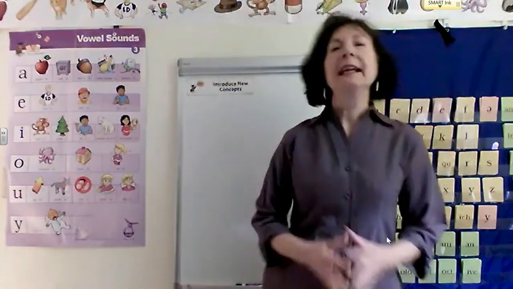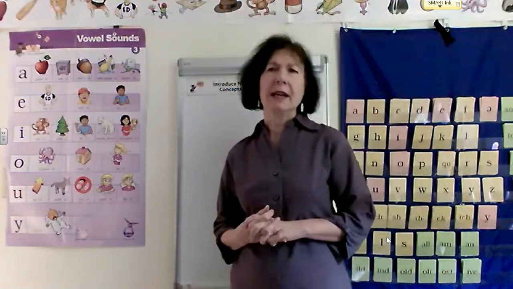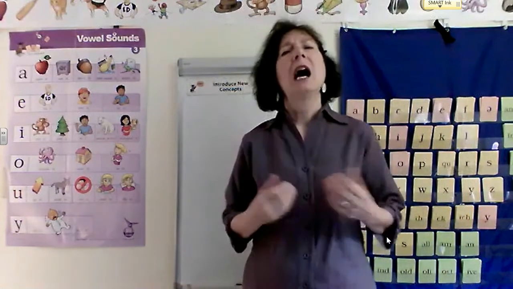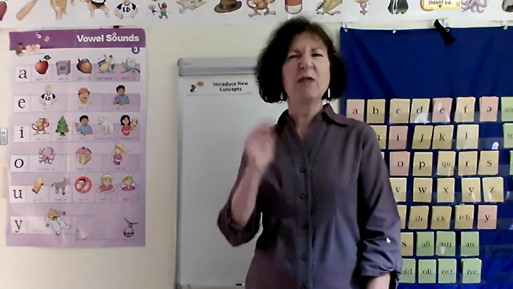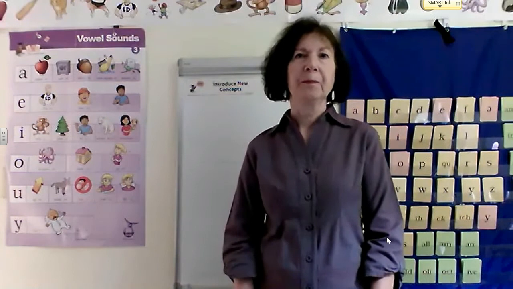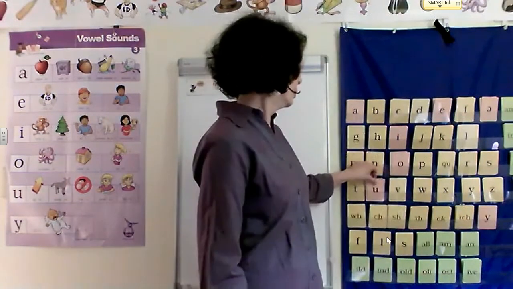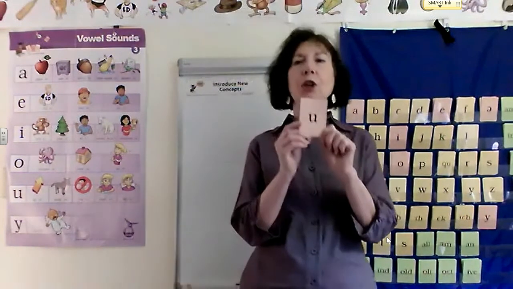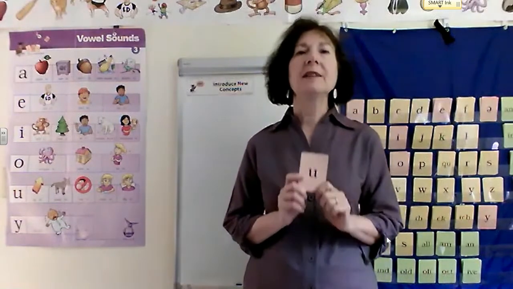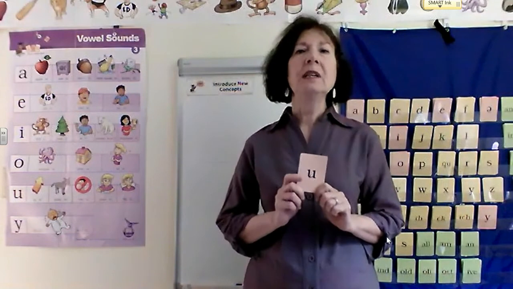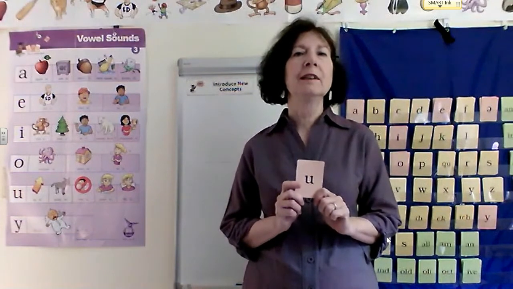So let's start off with a what says uh. Everyone repeat, what says uh. Go ahead and write it on your dry erase board. Good. You should have written the letter U. Now, here's the second part of that question. What says uh in an open syllable exception?